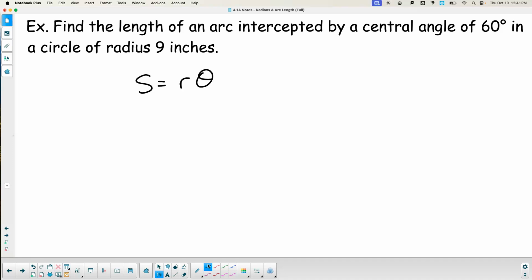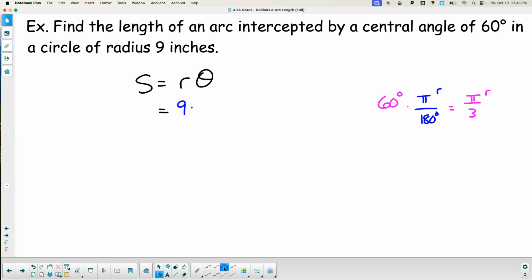Find the length of an arc intercepted by a central angle of 60 degrees. Radius is 9. So I got 9 there. Can I just put 60 degrees in? No, I gotta convert it first. So 60 degrees times pi over 180 degrees gets me an angle of pi over 3 radians.